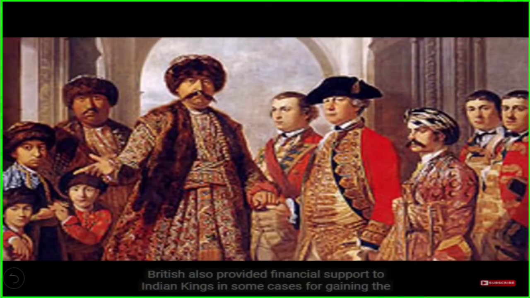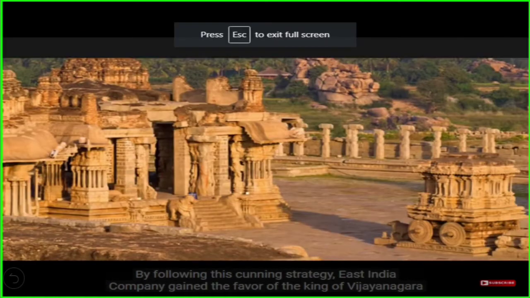And then the Britishers also provided financial support to Indian kings, in some cases for gaining the support of the Mughals. And the East India Company gained the favor of the king of Vijayanagar.